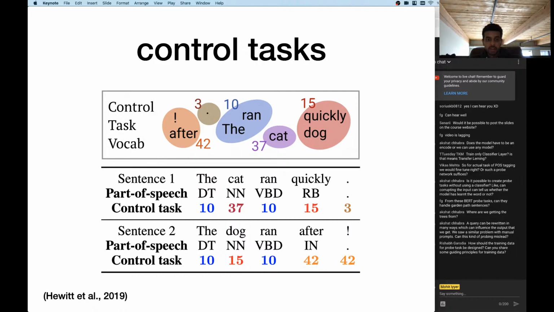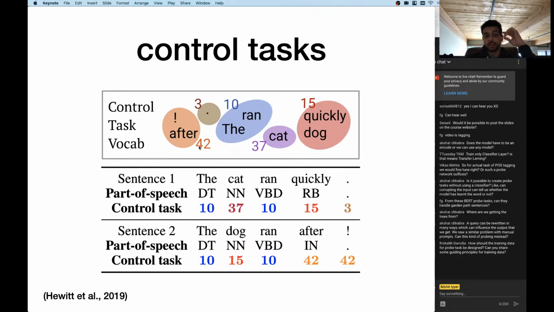The way in which this paper does it is they train a part of speech probe, but they also design a control task to balance out the probe network complexity. In the control task, they take their vocabulary and partition it into random subsets, where the number of subsets is equal to the number of part of speech tags that they have.